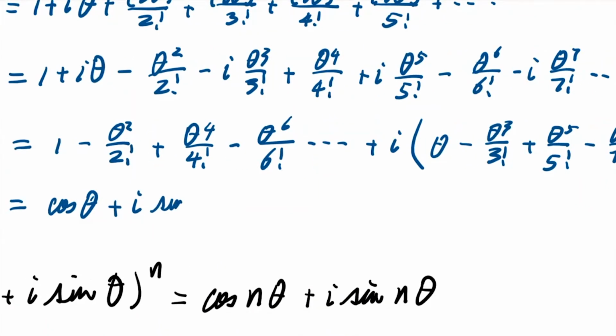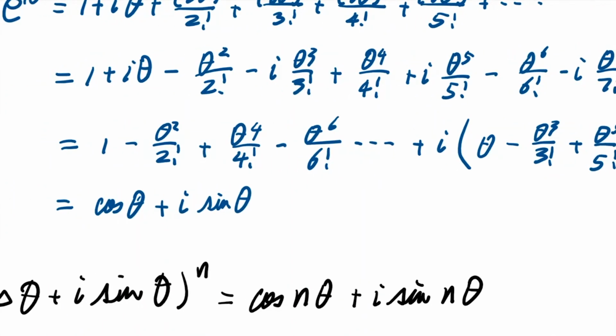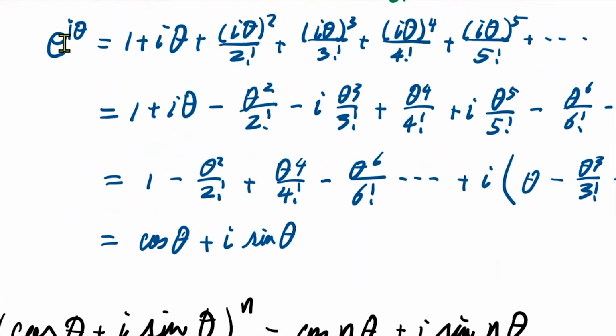Sine theta. Oh my God. We're done. e to the i theta is equal to cosine theta plus i sine theta. Whoa. That's impressive, isn't it?